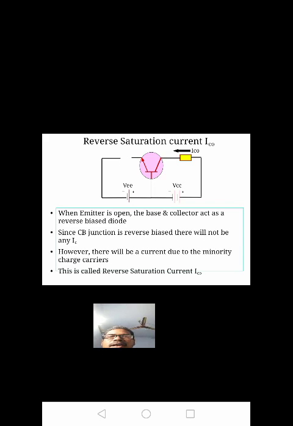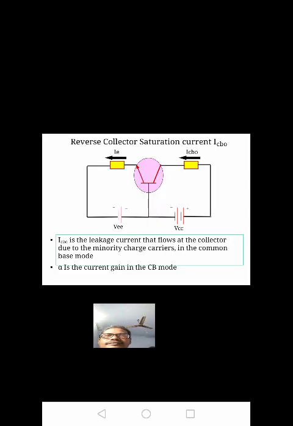However, there will be a current due to the minority charge carriers. This is called reverse saturation current. These minority carriers appear across the collector side. These are called the reverse saturation current ICO. It will be represented as ICO, the reverse collector saturation current.